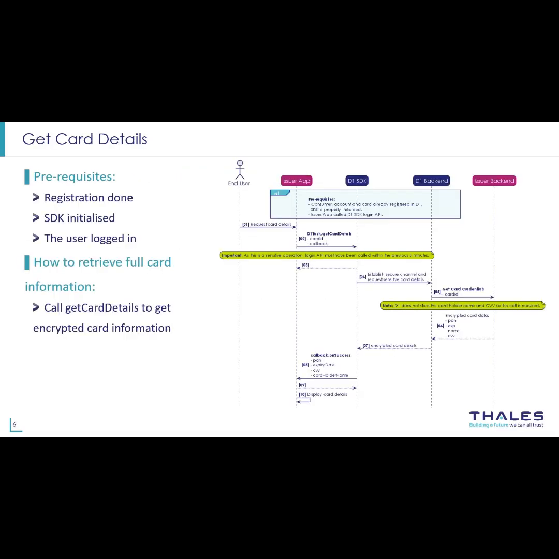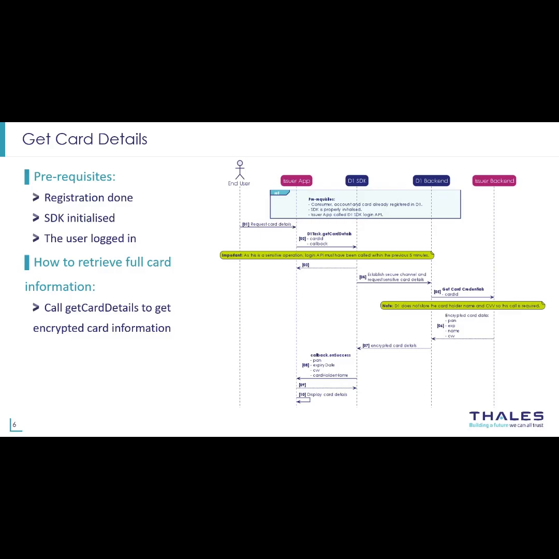Get card details. On this slide we describe the first option when the issuer application obtains the full card details from the D1 SDK, and then the issuer application is responsible for displaying the card details in the UI. The process starts by calling getCardDetails API.